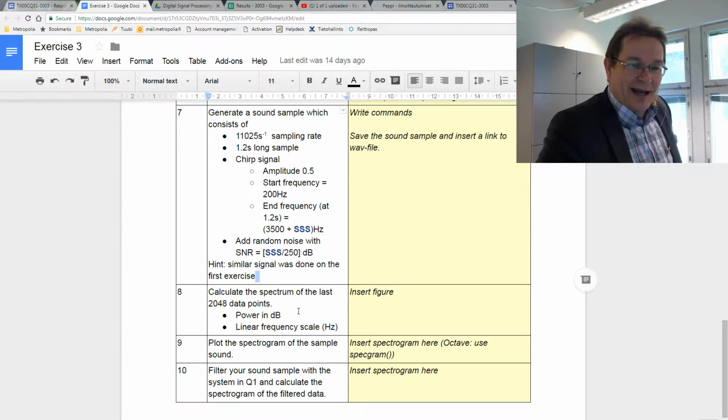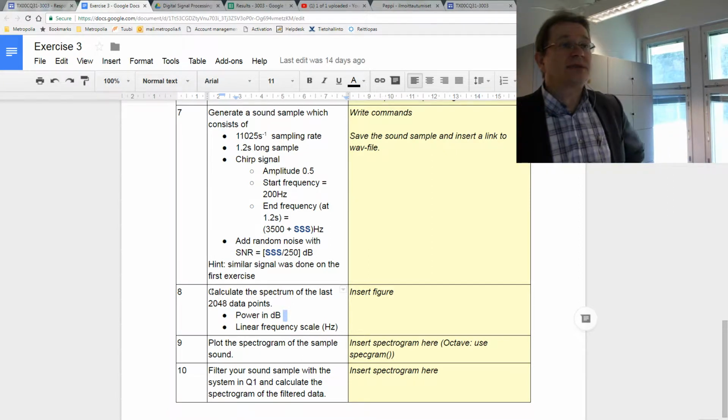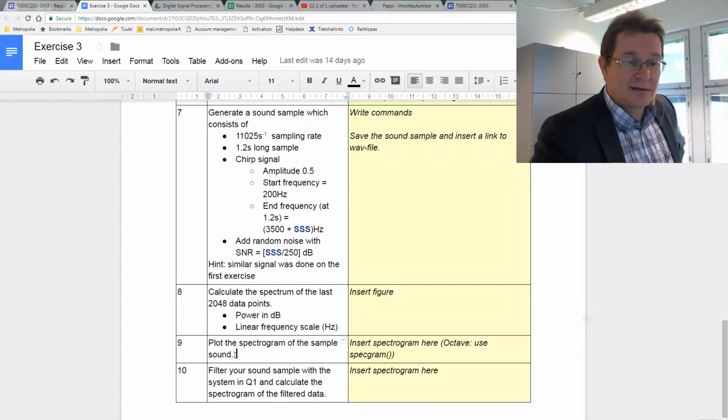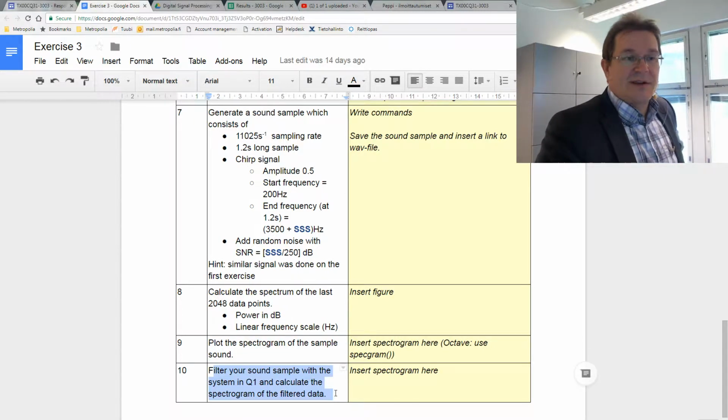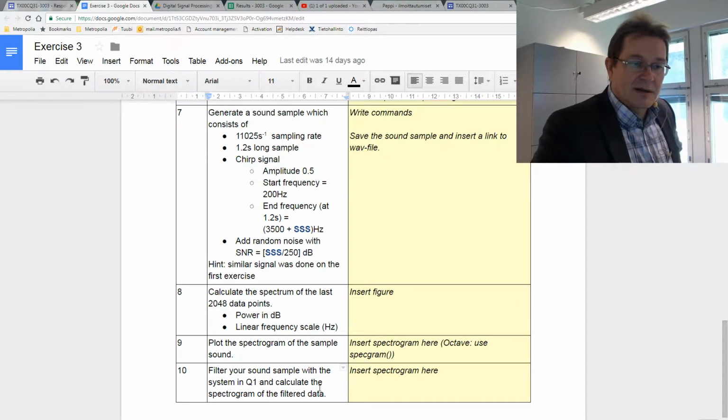And then calculate the spectrum of the last 2048 data points, and the spectrogram. And filtering a sound sample and calculating the spectrogram of the filtered data.